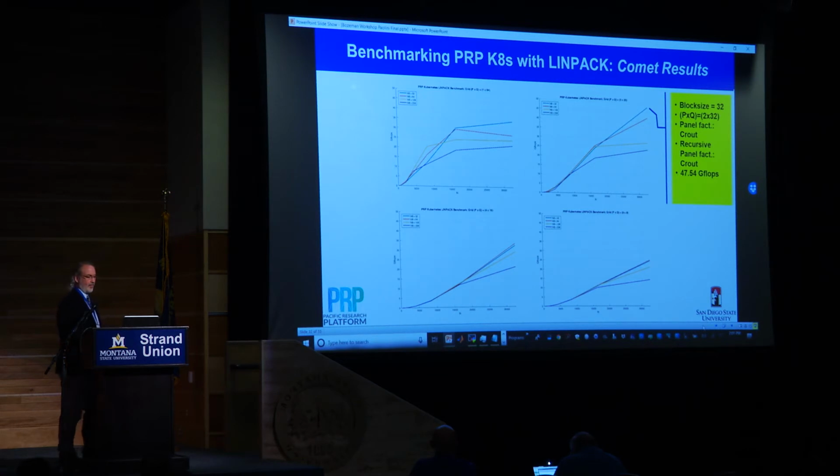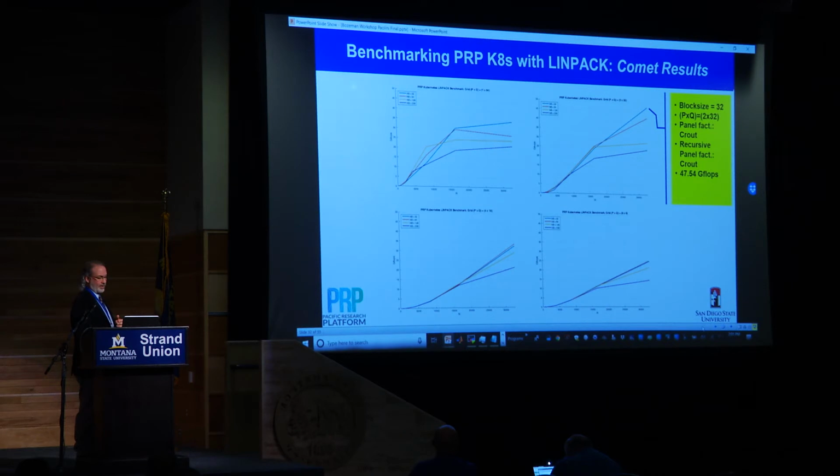So I ran the same benchmark on Comet, and here you can see that as n increases, the block size makes much more of a difference in your overall Rmax value. You can see that another difference between the PRP network and Comet is that on the PRP network a larger block size gave the best results, but on Comet it was exactly the opposite.